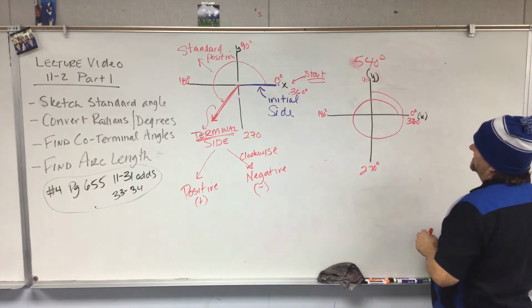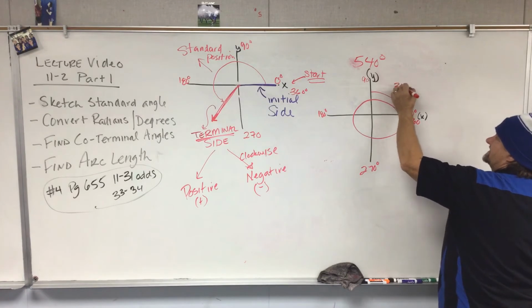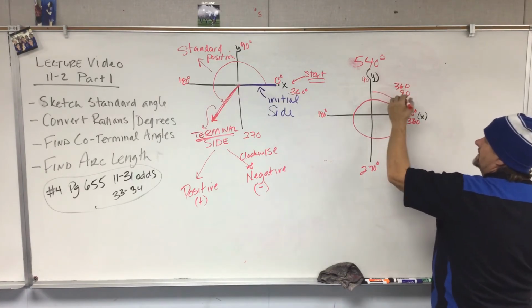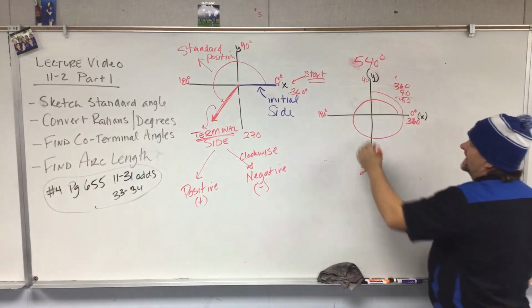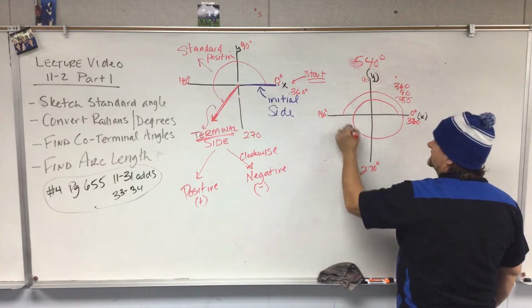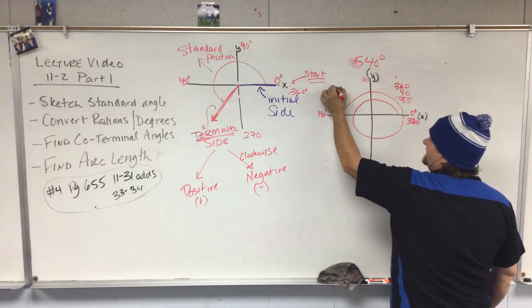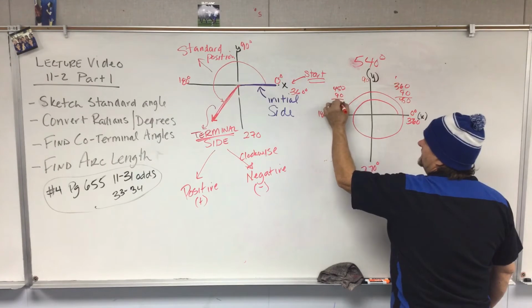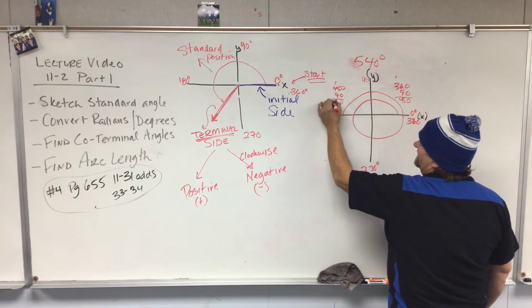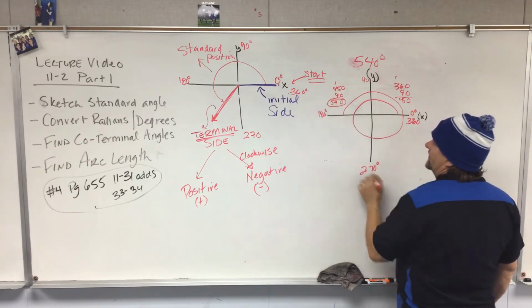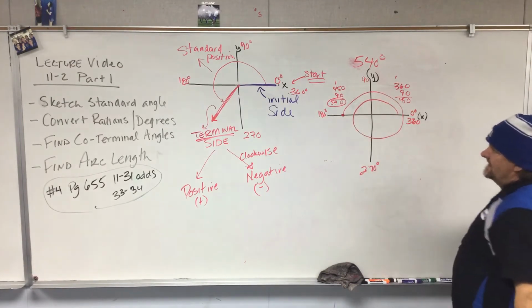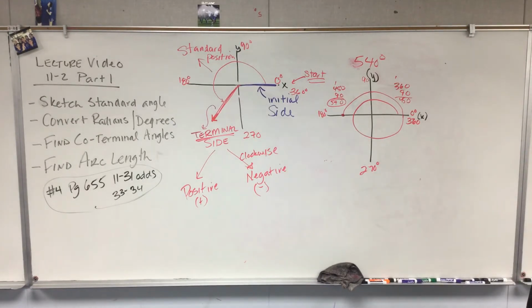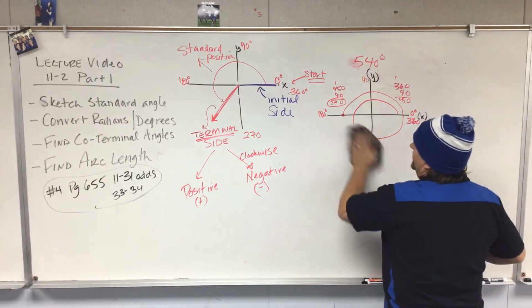So 360 plus 90 more degrees, that's 450. And if I go another 90 degrees, 450 plus 90, that's 540. I'm right here. I'm done. It lands on the axis, so that's my standard angle for 540 degrees.